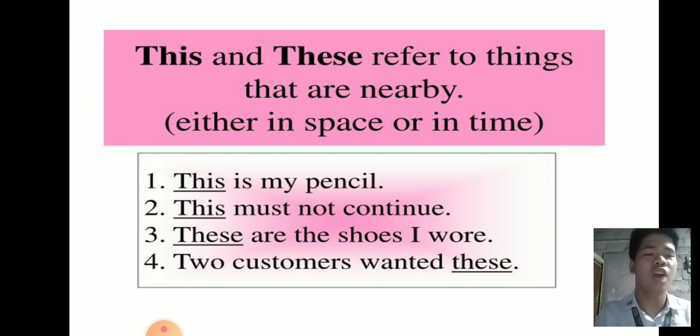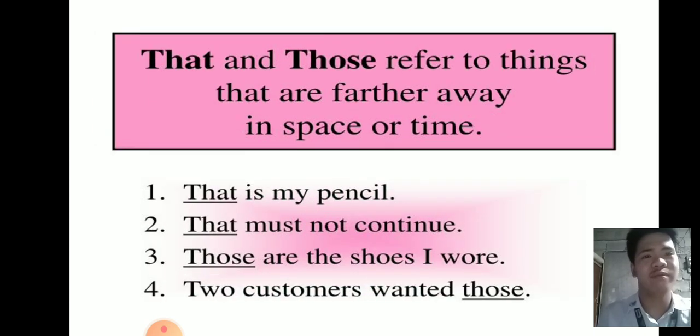Let us now move to the next slide. The third and fourth demonstrative pronouns are that and those. That and those refer to things that are farther away in space or in time. In short, you will use that and those if you are referring to an object which is far from you.